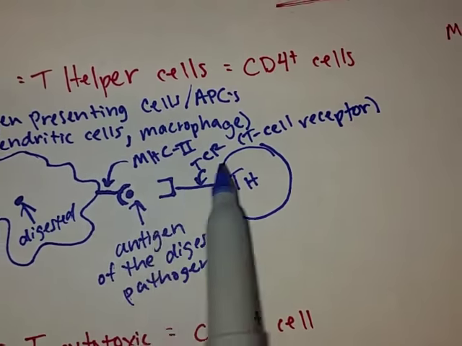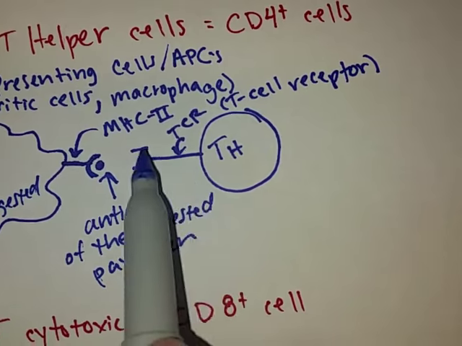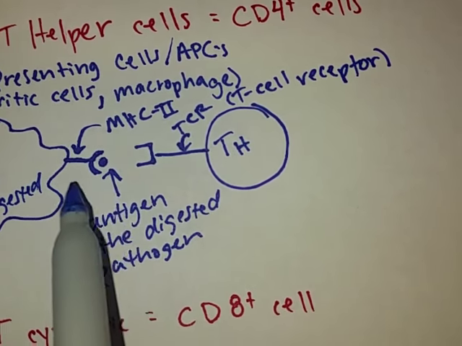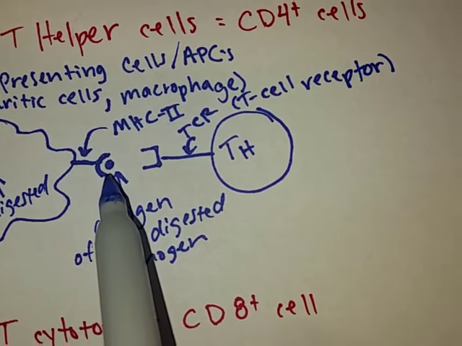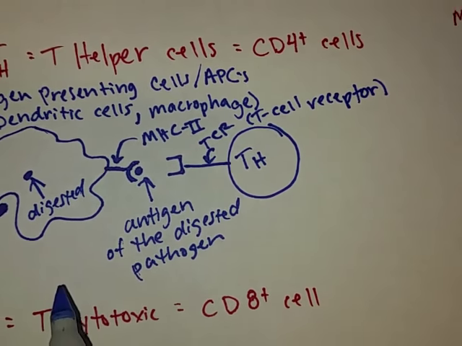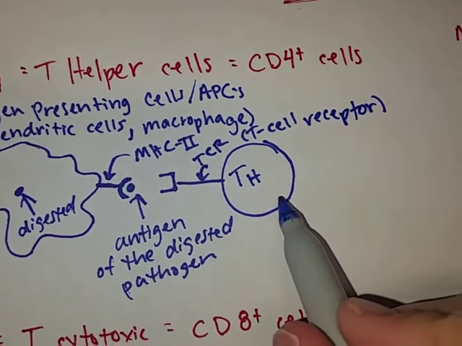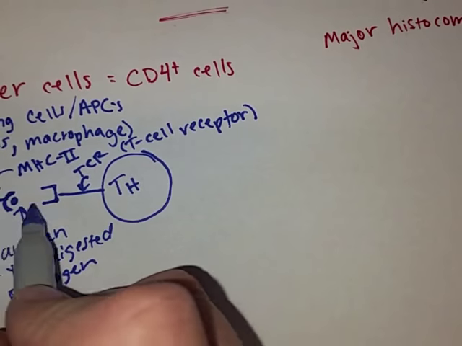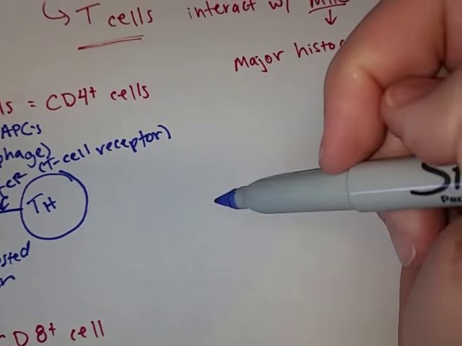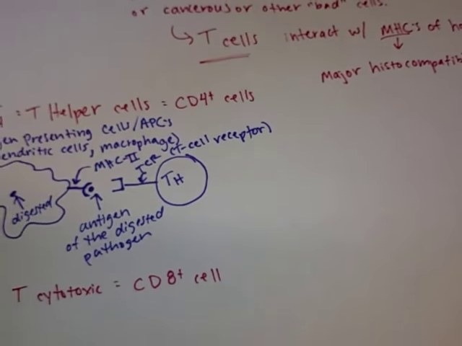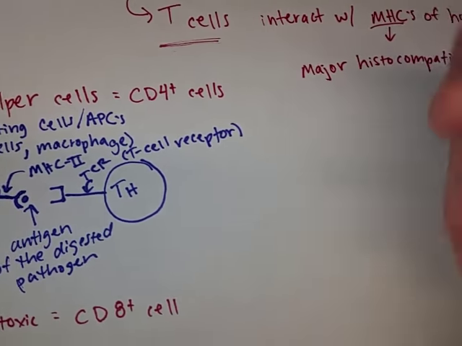These are going to interact with each other, and when they do, the T helper cell can say, oh my goodness, you have this MHC2 that has this antigen on it. That means there's a pathogen around here. We better yell for help, call for backup. So when the T helper cell interacts with the antigen presenting cell, it's going to call for help. It needs backup because it knows there's a pathogen somewhere around here.